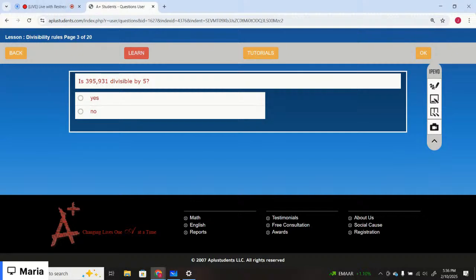Is 395,931 divisible by 5? No, the divisibility rule for 5 is that the ones digit is either 0 or 5. So that is not divisible by 5.